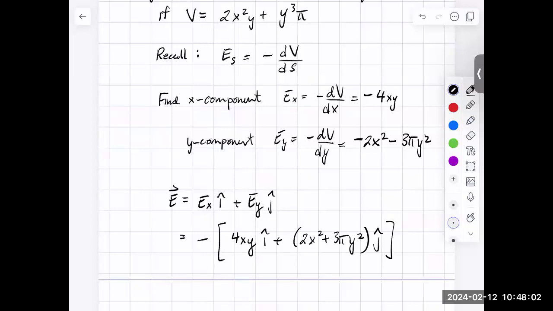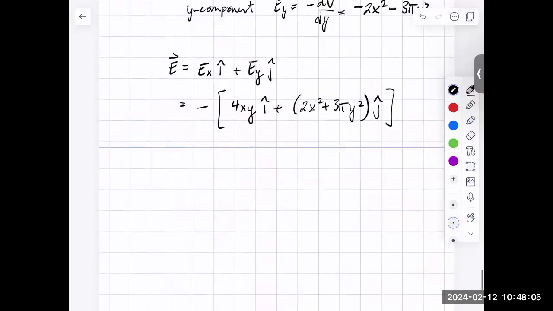Okay, so if we were to draw that, let's draw our coordinate system x and y. So our x component is in the negative direction, and so it's going to look something like this. I don't know exactly what it looks like.